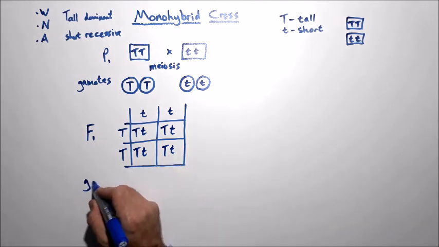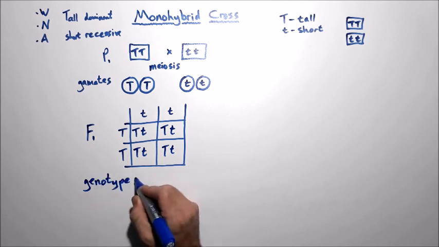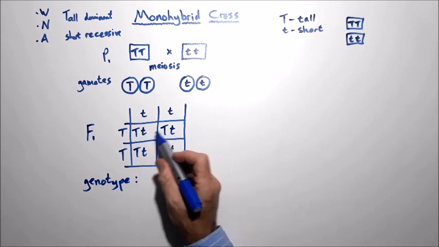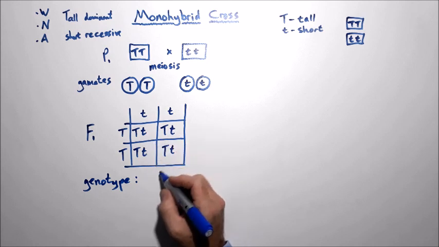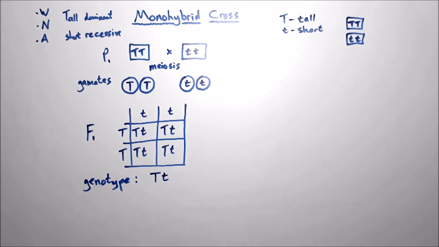Great. So now we've finished the F1 generation, but we haven't really finished because we need to write down the genotype. Now the genotype is expressed as a ratio of all the possibilities in this box. And you'll notice that there's only one possibility, so for the whole F1 generation, they all have the genotype of big T, small t.